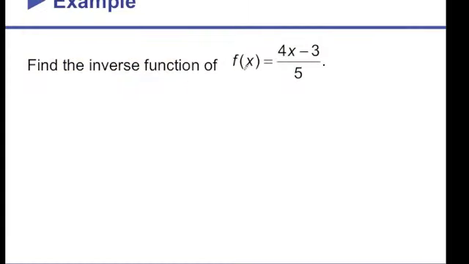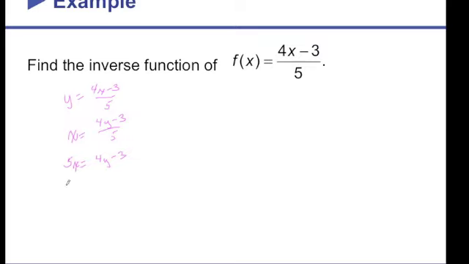So we have f of x equals 4x minus 3 divided by 5. So first I'll replace that with a y. So y equals 4x minus 3 over 5. Then I'll interchange my x and y. So x equals 4y minus 3 over 5. Now I want to solve for y, so I'll multiply everything by 5 and end up with 5x equals 4y minus 3.